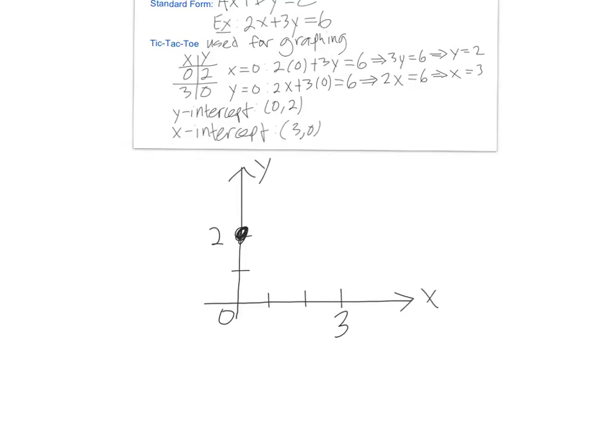And (3, 0) similarly is where the graph crosses the x-axis. So I have 2 points. If I just connect those 2 points with a straight line, or a straight enough line, I end up with the graph of that equation using the intercepts, which is what standard form gives us.